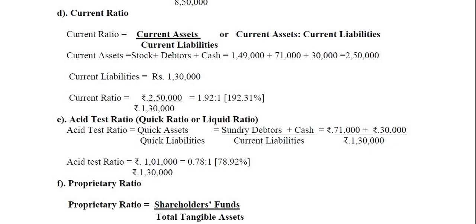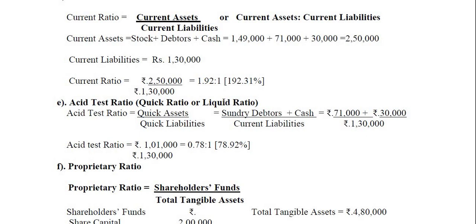In other words, in percentage term, it is 192.31%. So current assets are 192.31% of current liabilities. Normally standard ratio is 2:1, but here it is a bit lesser.